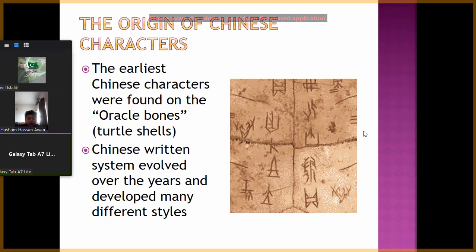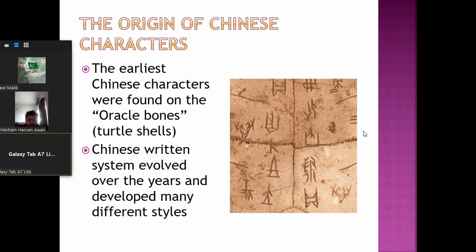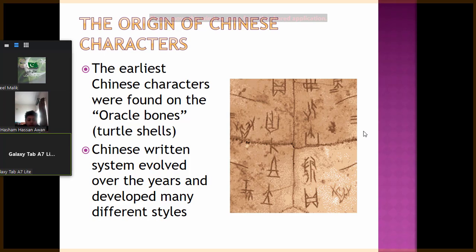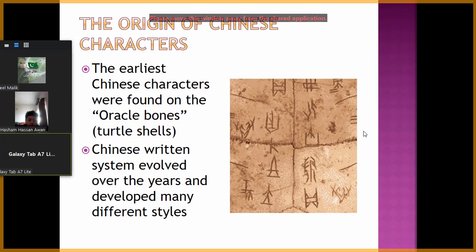So here you can see origin of Chinese characters. The earliest Chinese characters were found on the oracle bones, right? The Chinese written system evolved over the years and developed many different styles. Now, as you know, Chinese language is very, very difficult. Its culture is 5,000 years old, right? So in very ancient ages, there were no pages, no pen, anything. They had no characters, no alphabets.